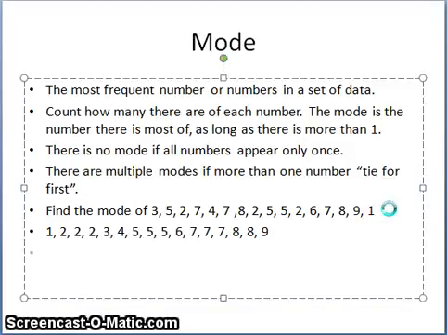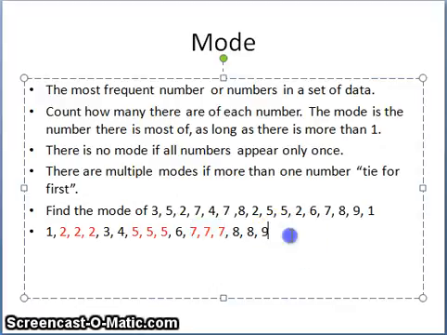So here are my numbers again in order. To find the mode, all I need to do is look and see which number occurs more than once and the most times possible. So if I'm looking at this, I see there are 3 2s, there are 3 5s, and there are 3 7s.